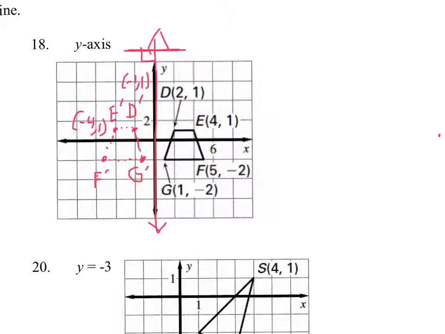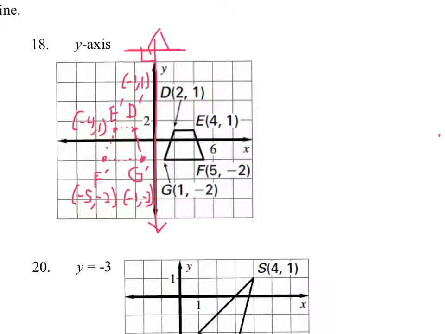G is -1 going to the left and down a whole grid unit, so that's down -2. So -1, -2. And F, from the origin we're going back 2.5 grid units, so -5, and down a whole grid unit, so that's -2. -5 and -2.